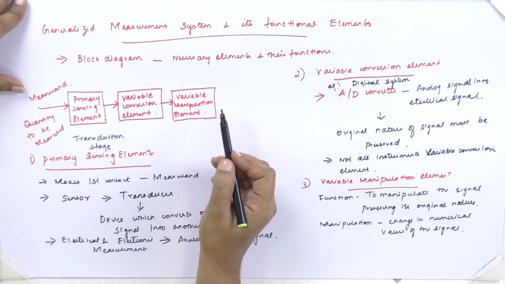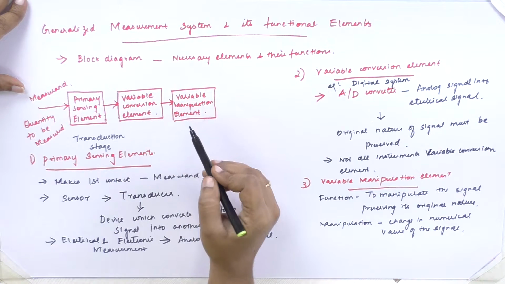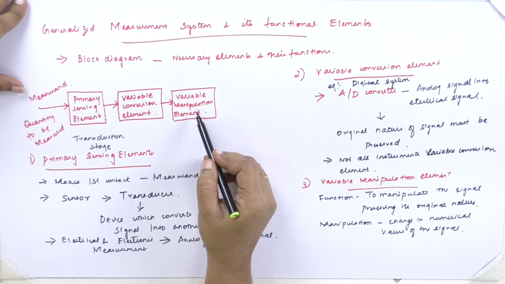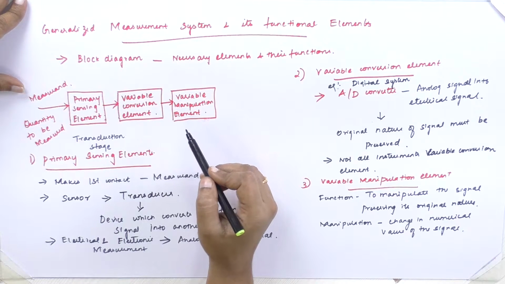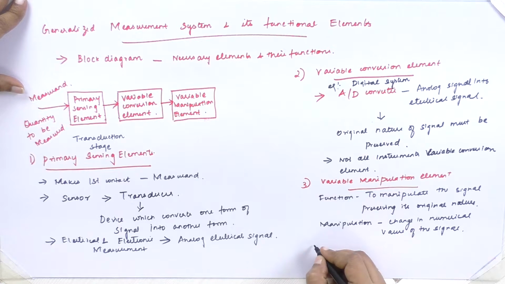So, we need to amplify the signal in order to drive it to the next stage. For that purpose, we require this variable manipulation element, which will amplify the output of the variable conversion element. The example for a variable manipulation element is an amplifier.